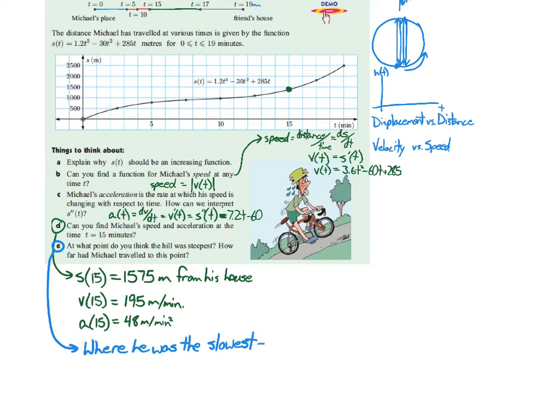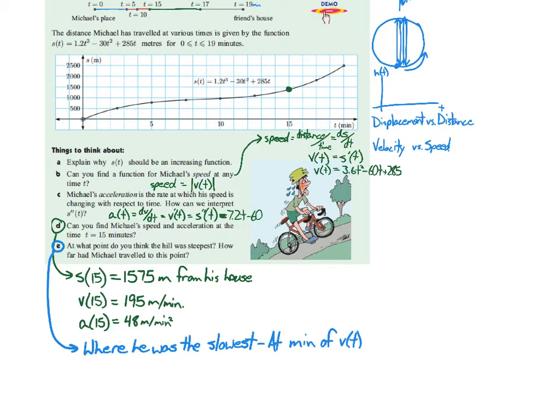So at the min of the velocity function. How do you find the minimum of the velocity function? Set the derivative, the velocity function, equal to 0?